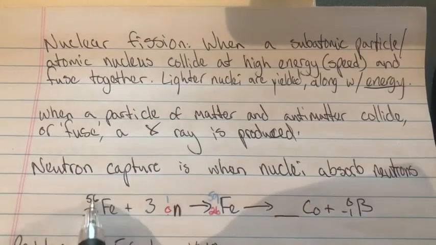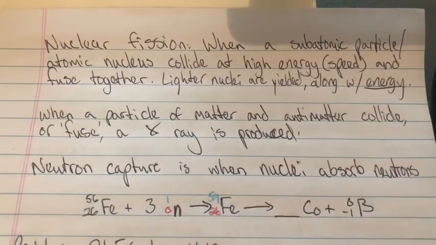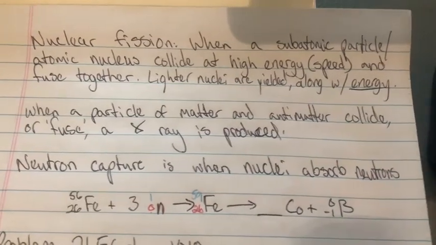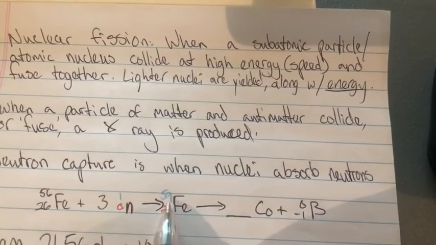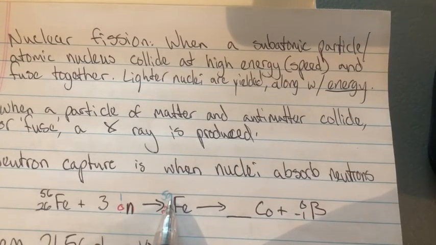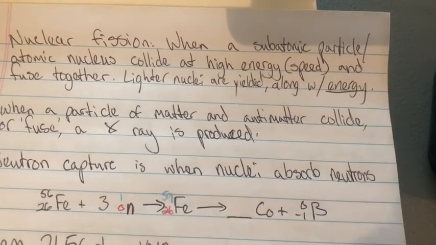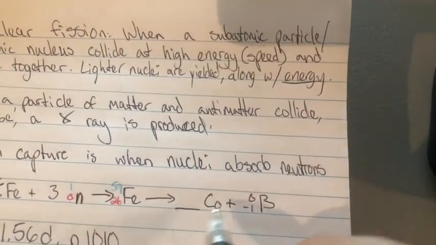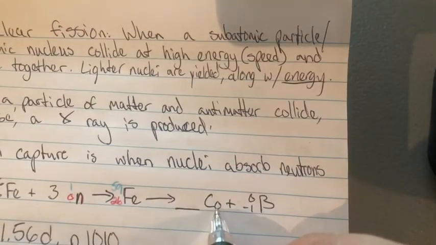So that's going to bump you up from 56 to 59. And again, that Z count is going to be unchanged. Okay, so that's the intermediate. And so that would suggest that this is slightly unstable. So as a result, you're going to generate cobalt.